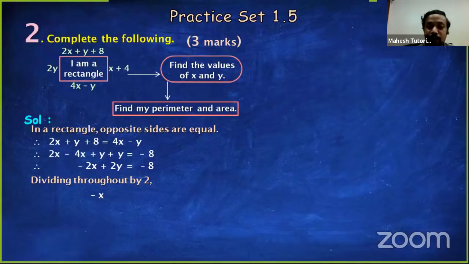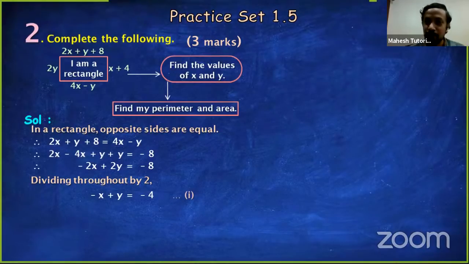Now if I divide that 2y by 2, 2 and 2 will get cancelled. We'll be left with y. Similarly, if we divide minus 8 by 2, we are left with minus 4. So with this, I get the first equation, students, which is present in its basic form. So we'll number this equation as equation number 1.